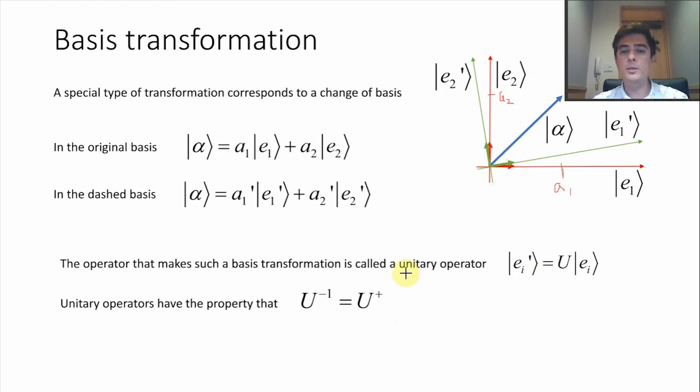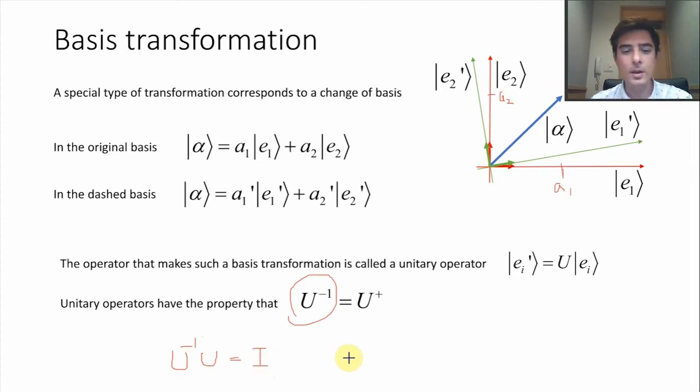And for reasons which I will not really go into, unitary operators, which tell you how to do this kind of transformation, have a property related to the inverse of the operator, which is the thing that undoes the operation, right? The inverse of any operator is defined as the thing that, if you apply it to the operator itself, gives the identity operator, which basically does nothing.